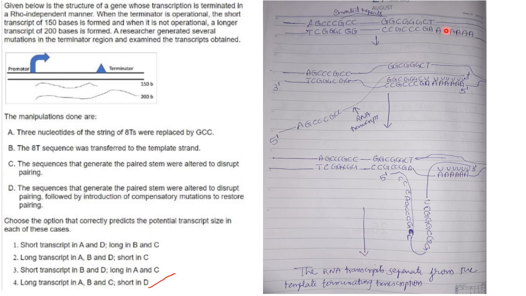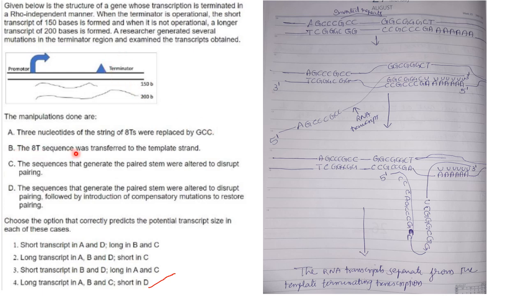You will not get a poly-A tail in the second strand of DNA, and after transcription the mRNA will not get a poly-U tail to terminate. The terminator region got mutated, so you will get a long transcript in the case of A.